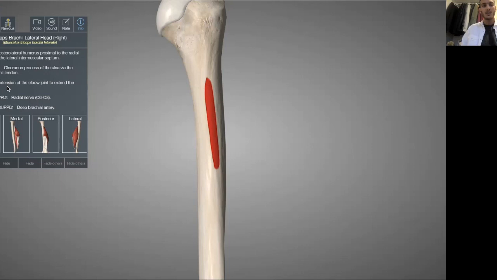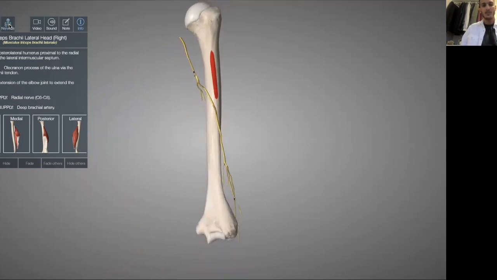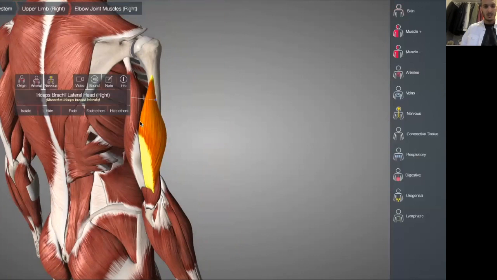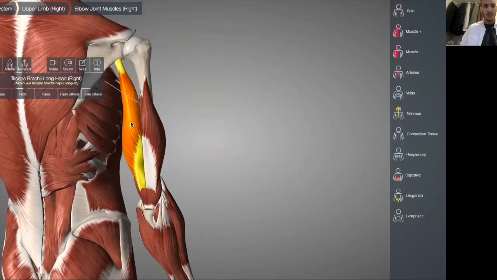Okay, action is extension of the elbow to extend the forearm. Of course, the triceps are acting opposite to the biceps, so they extend the elbow joint. Nerve supply is the radial nerve. Okay, the arterial supply is the deep branch of the brachial artery. And so that's the lateral head.